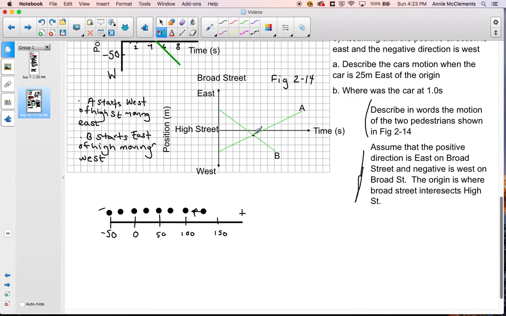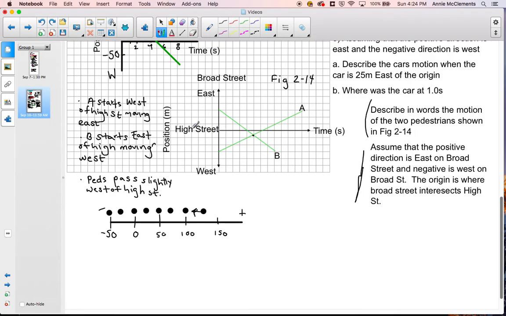So we might want to say something about this intersection, right? So in our description, we might say the pedestrians pass slightly west of High Street. Right, they pass slightly west of High Street, right?